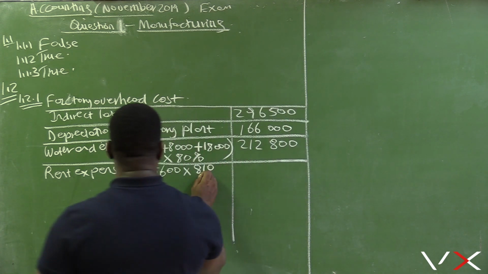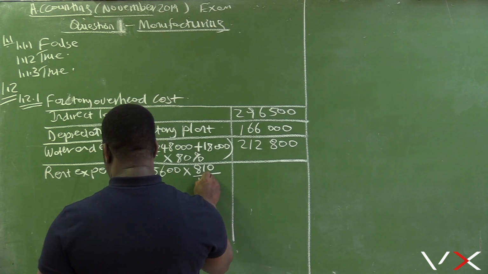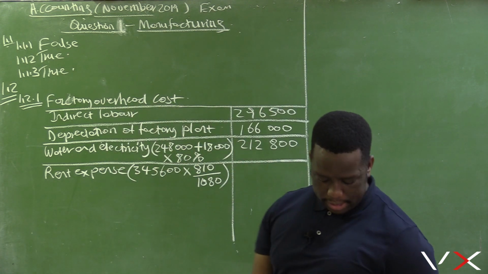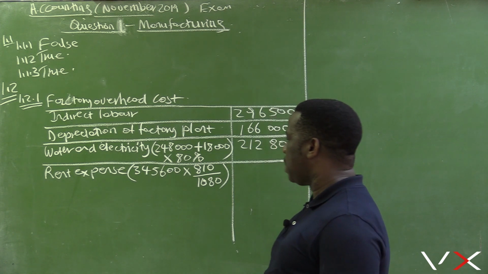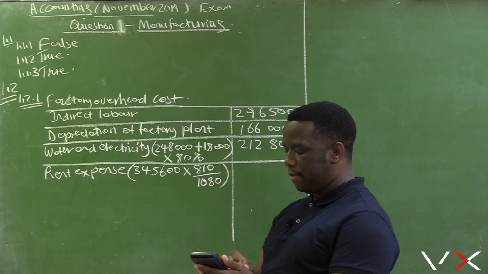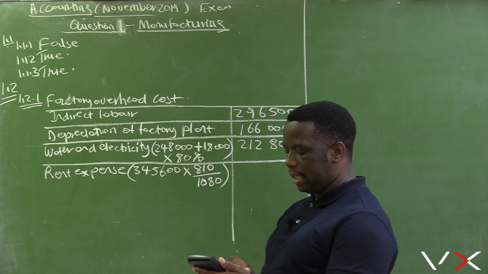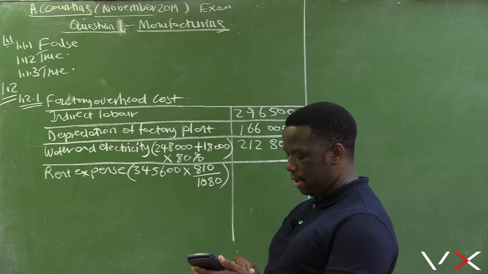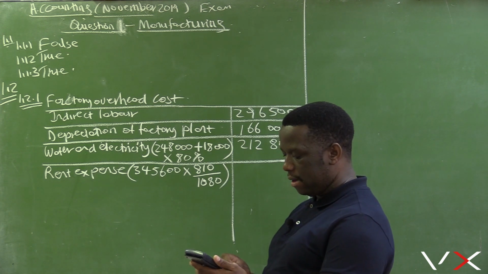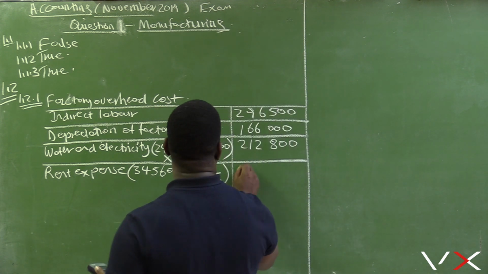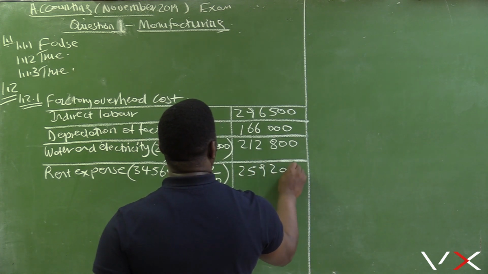So this is going to be 345,600 multiplied by 810 over 1,080. For rent expense, you multiply by the factory square meters and divide by the total square meters. That is 345,600 multiplied by 810 divided by 1,080, which gives us 259,200.